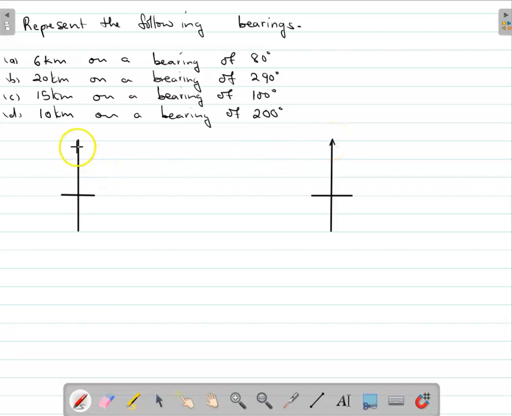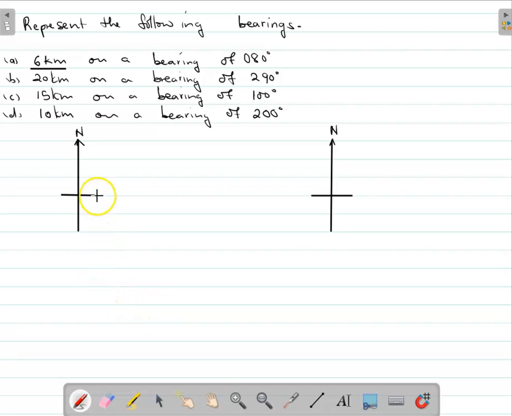So this is my north, which is my 0. I'm saying this is where I am facing first before I do anything. So now I want to make 6 kilometers on a bearing of, this is not correctly written, it's supposed to be 080 degrees. Right, 6 kilometers on a bearing of 080 degrees.